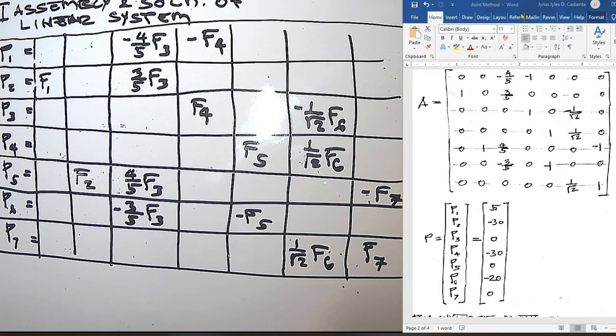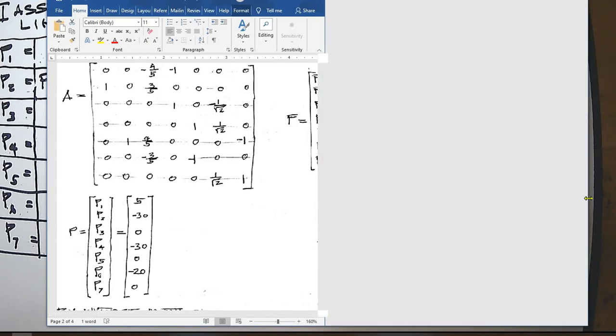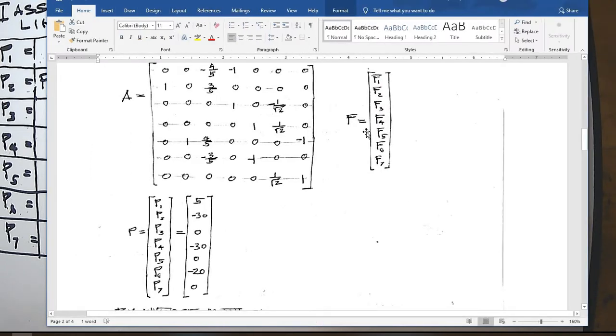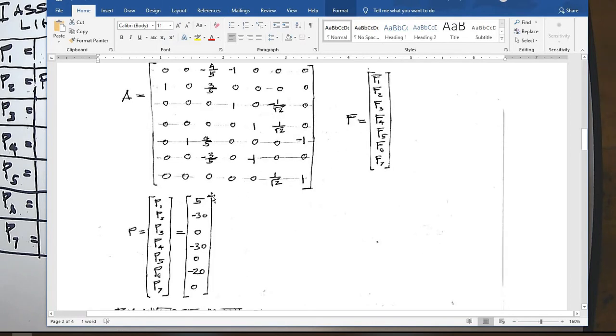Okay, let's continue with our matrix. And then yung force matrix mo naman, it is simply your column of forces. F1, F2, F3, F4, 5, 6, 7. Ganyan lang kasimple yan. No? And then followed by your P matrix.